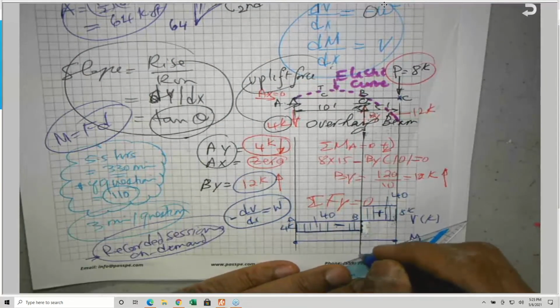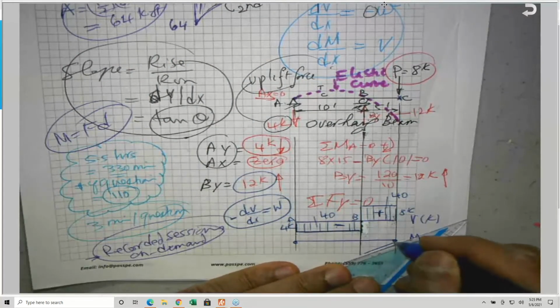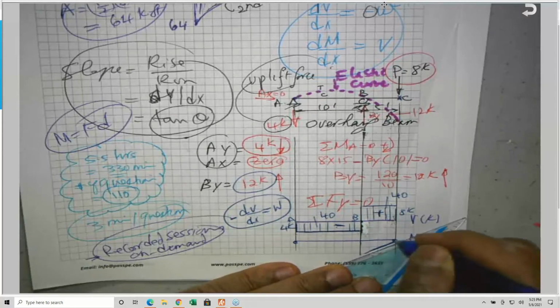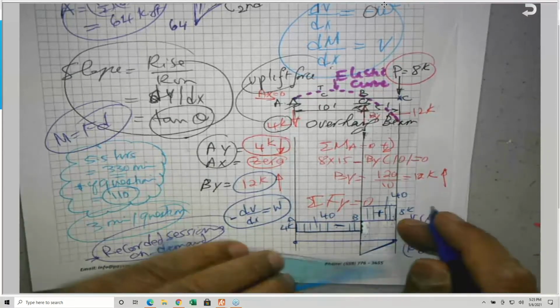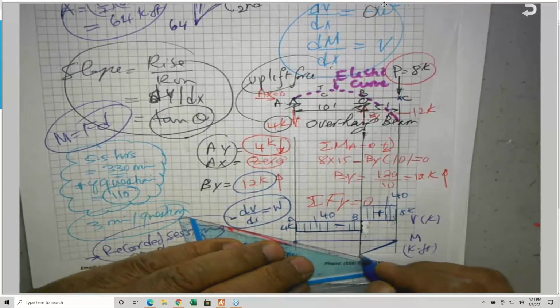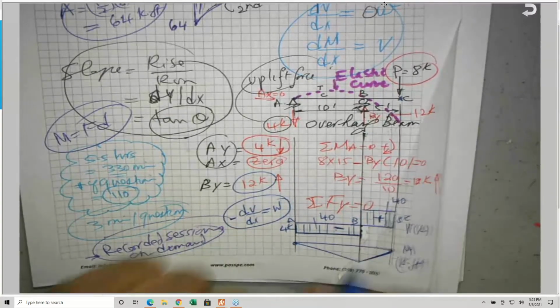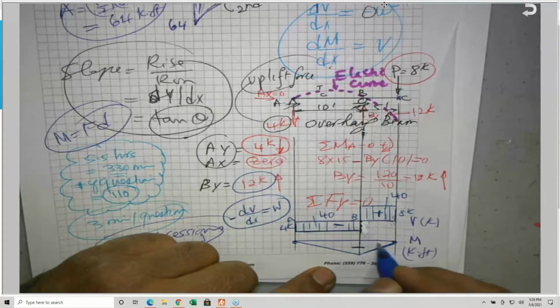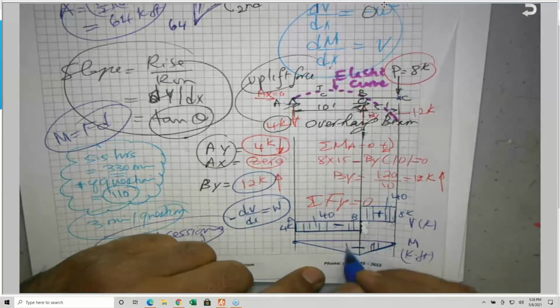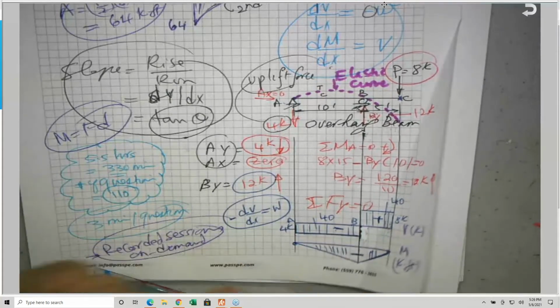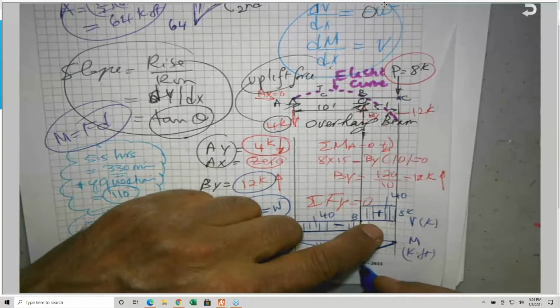Shear is 1 degree higher than the load, and the bending moment is 1 degree higher than shear. So it will be like this, and it is a negative bending moment. And this value here is 40.